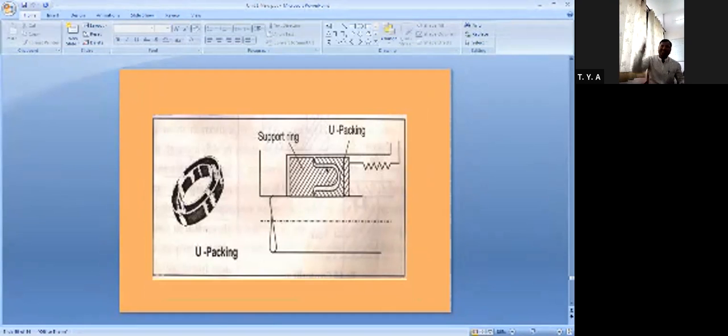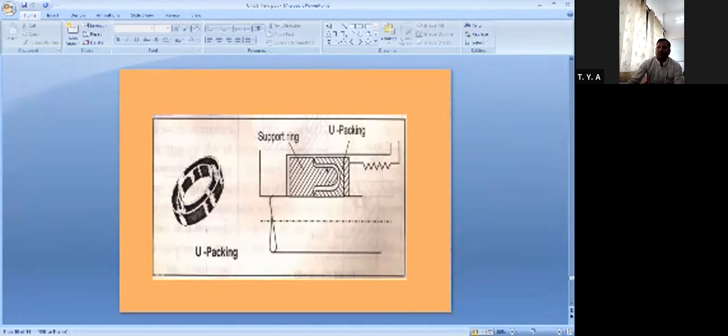If you cut that packing or seal, then in cross section you will get a U shape. When it is installed or pushed in the cylinder system and you take a cut section, it will look like this.